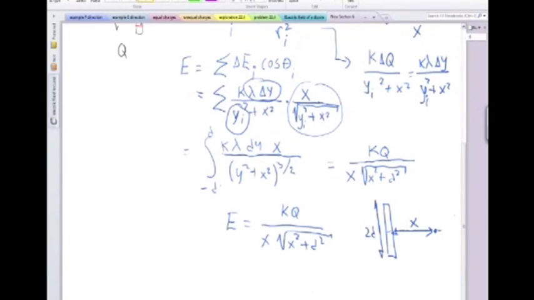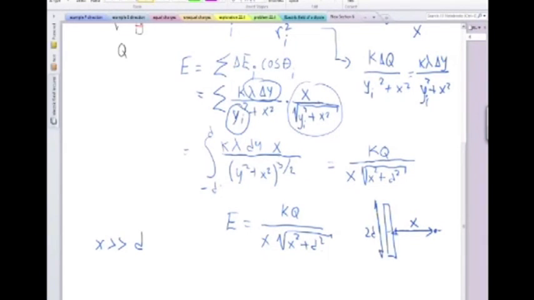So what happens when you are far away from it? If your distance x is much bigger than the characteristic size of this rod, then in the denominator the x is much bigger than the d, so x squared is going to be a lot bigger than d squared.